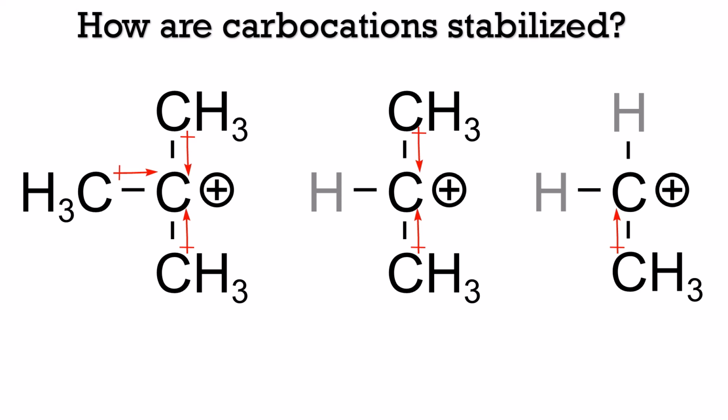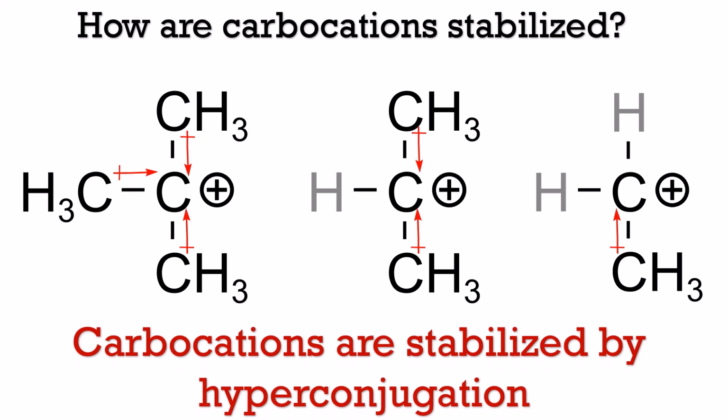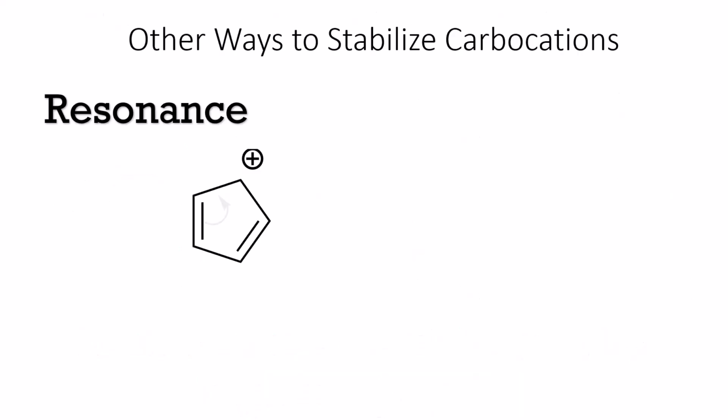And when you start removing electron density from around that carbocation, it becomes less stable. This particular type of stabilization we call hyperconjugation, where those electron-rich carbon bonds feed into that carbocation, thus stabilizing it, because you're decreasing the charge on that atom.